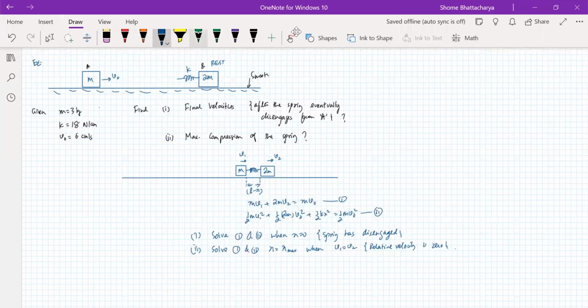So for the first part, yes, that's correct. When we are solving for the final velocities of A and B after some time, that's like this situation, when they've kind of lost contact with each other again.